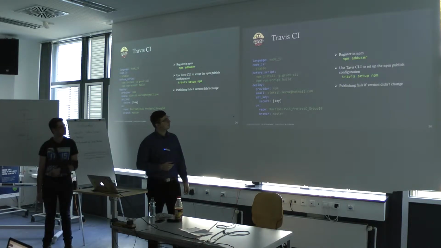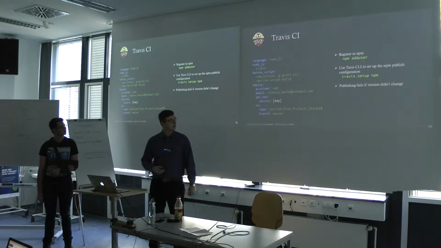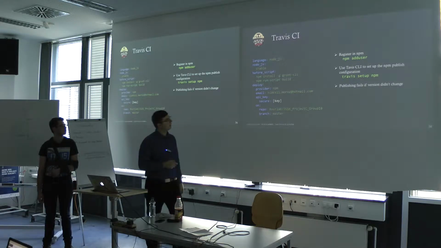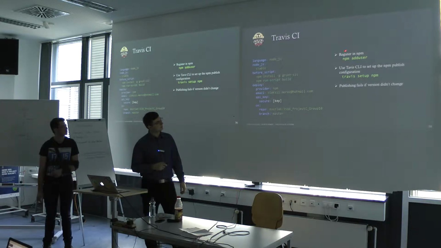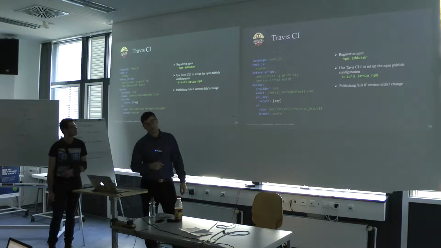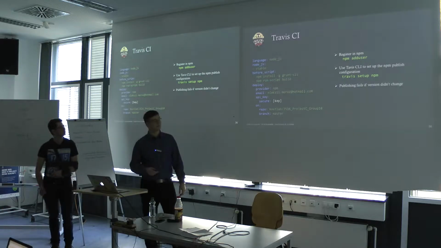Here is a small instruction on how we actually set up Travis. First we created the npm user account with npm adduser. Then we installed Travis CLI and ran setup npm, which created this deploy configuration for deploying packages to npm.